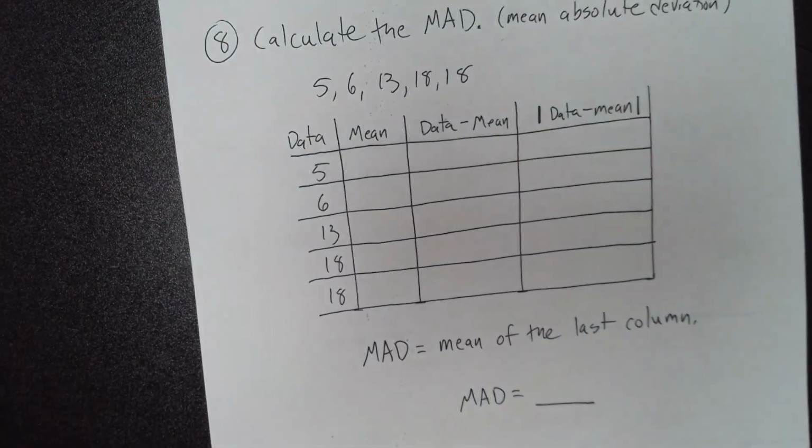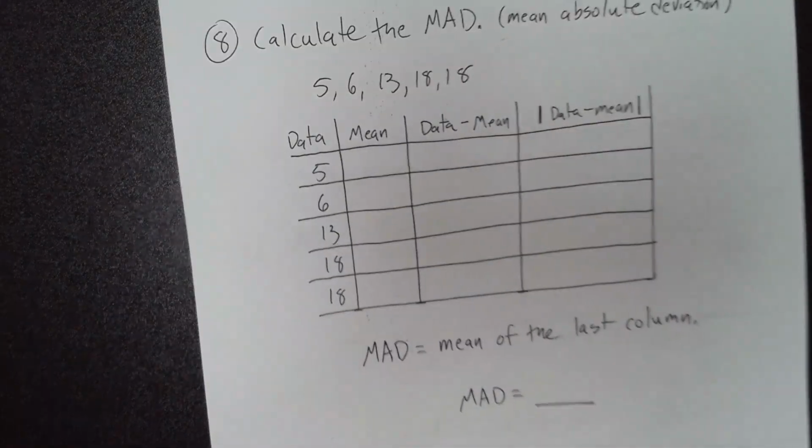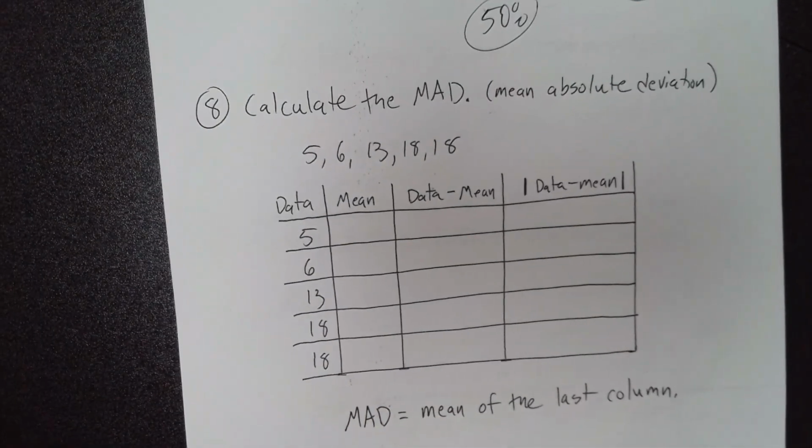All right, now we're going to calculate the MAD. I made the table for you, so it should be pretty easy to calculate. The first thing you need to know is the average of those 5 numbers. I made it only 5 numbers so that it's not as long to calculate.